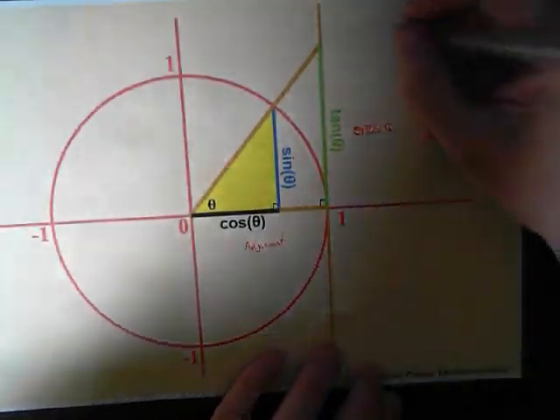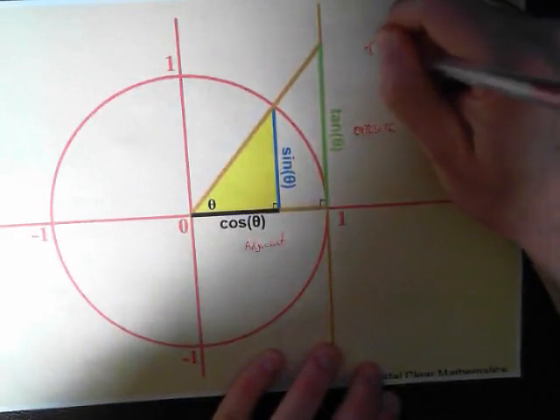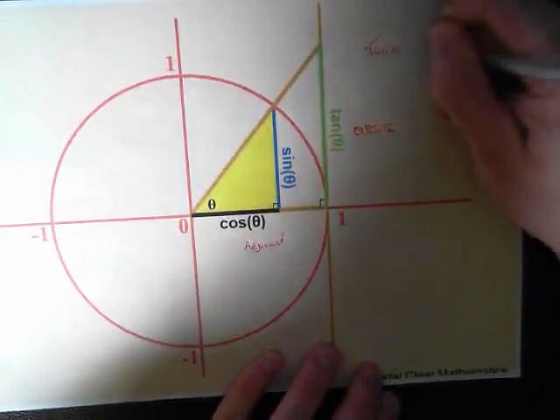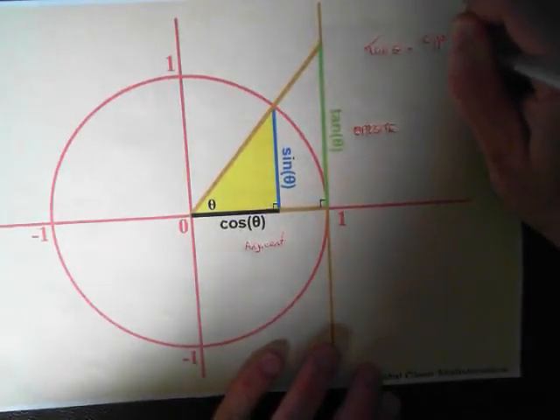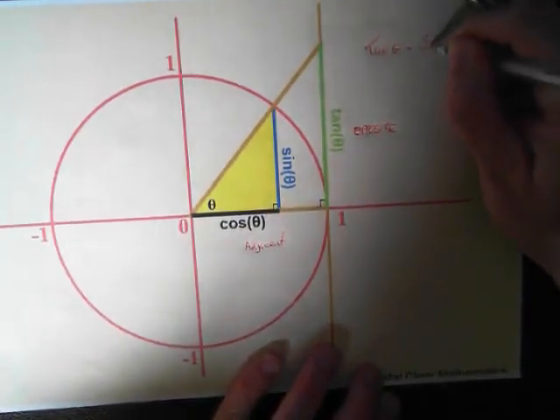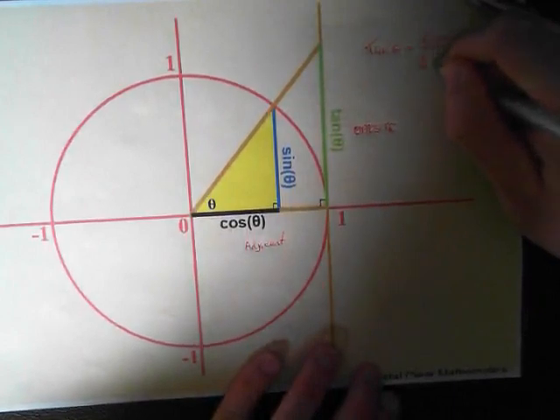Now remembering that tan of theta equals opposite over adjacent, the length of the opposite side over the length of the adjacent side.